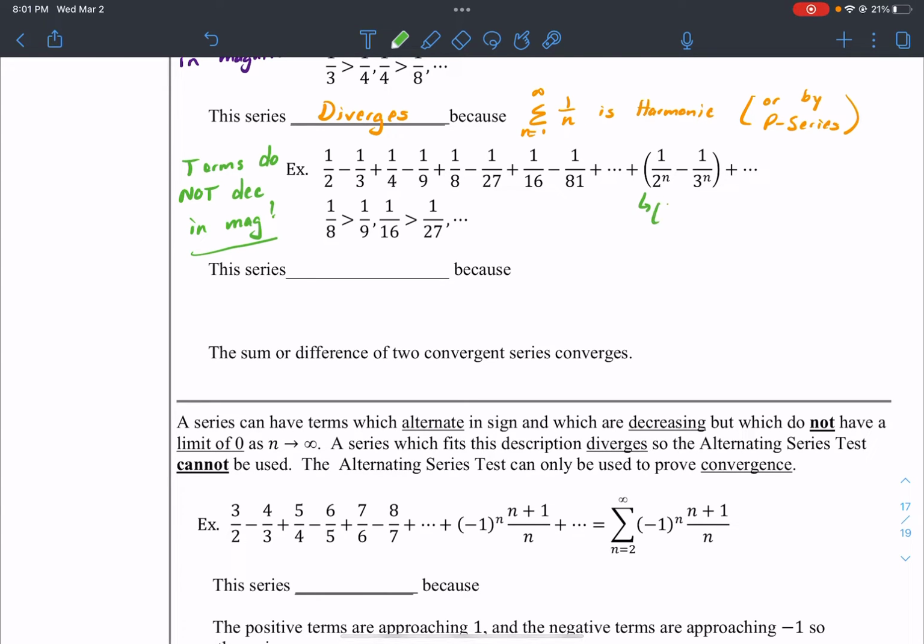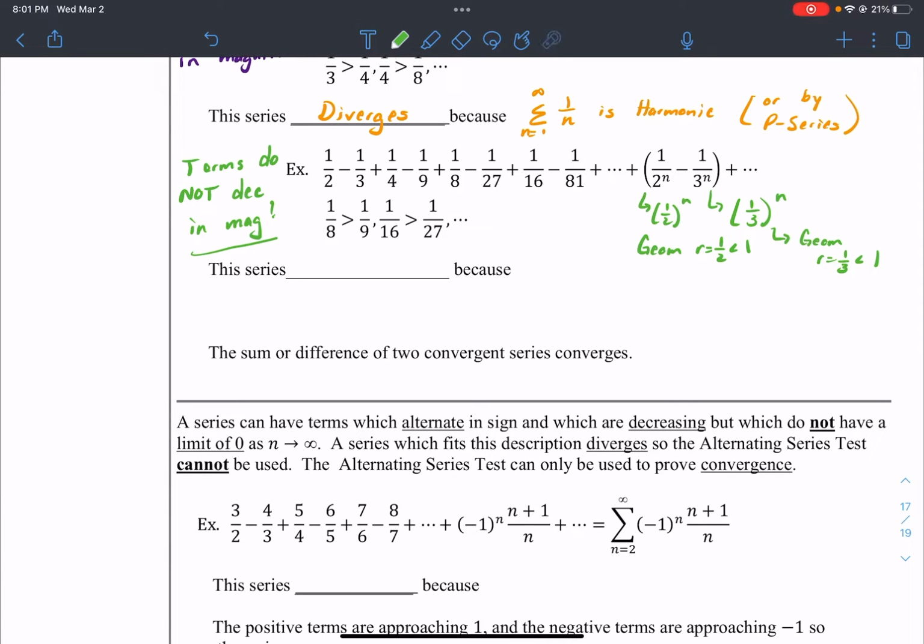So this is geometric with 1/2 being the r, and then that right there is geometric with 1/3 being the r. Well, they're both geometric, and they both converge. 1/2 is less than 1, and obviously 1/3 is less than 1.